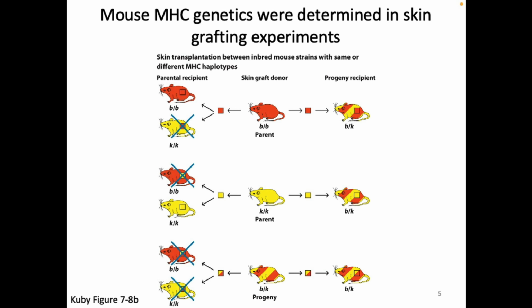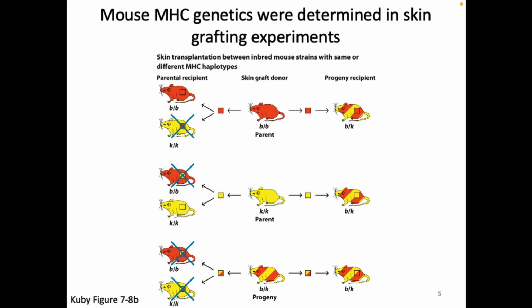It could give skin to another mouse of the K genetic background. It could not give skin to a mouse of the B genetic background, and it could give skin to the progeny. And if you look at the progeny, it could give skin to other progeny that are both B and K, but it could not give skin to either parent.